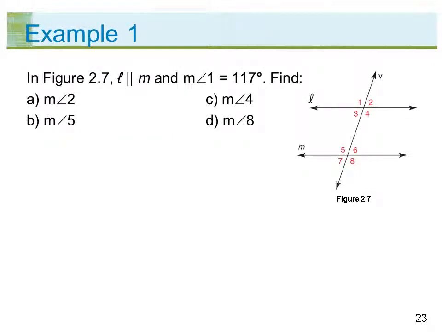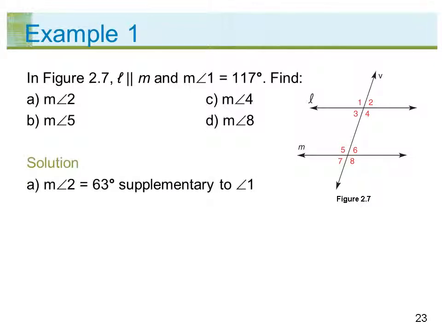In Figure 2.7, line L is parallel to line M, and the measure of angle 1 equals 117 degrees. Find A, measure of angle 2; B, measure of angle 5; C, measure of angle 4; D, measure of angle 8. Solution. A. Measure of angle 2 equals 63 degrees.